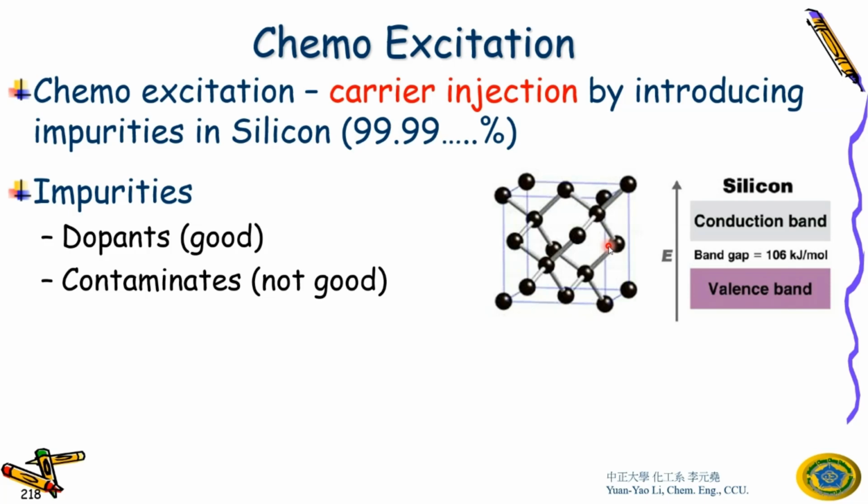It's good, right? It's good because it tastes better than the plain rice, right? So this impurity we call a dopant, which is good for the rice, or good for you to eat.